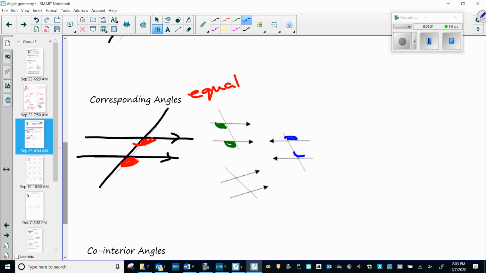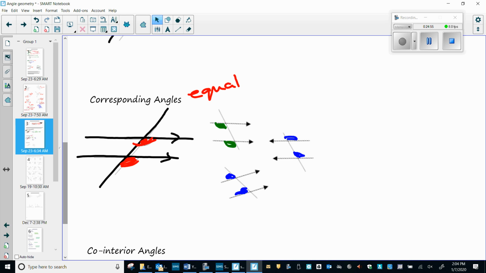These two would be corresponding angles, and these two would be corresponding angles. The red ones are hanging down, the green ones are hanging down, and the blue ones are above. So the corresponding angles are on the corresponding, or same, side of the transverse line.